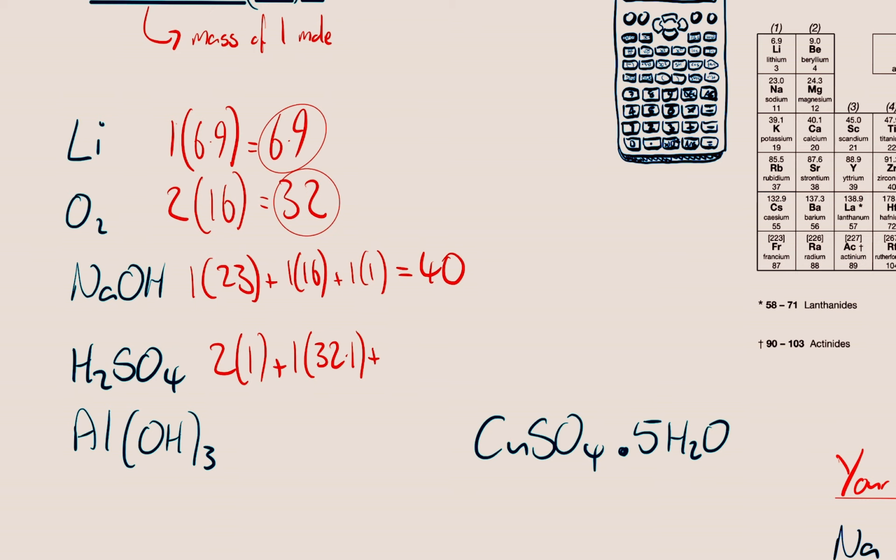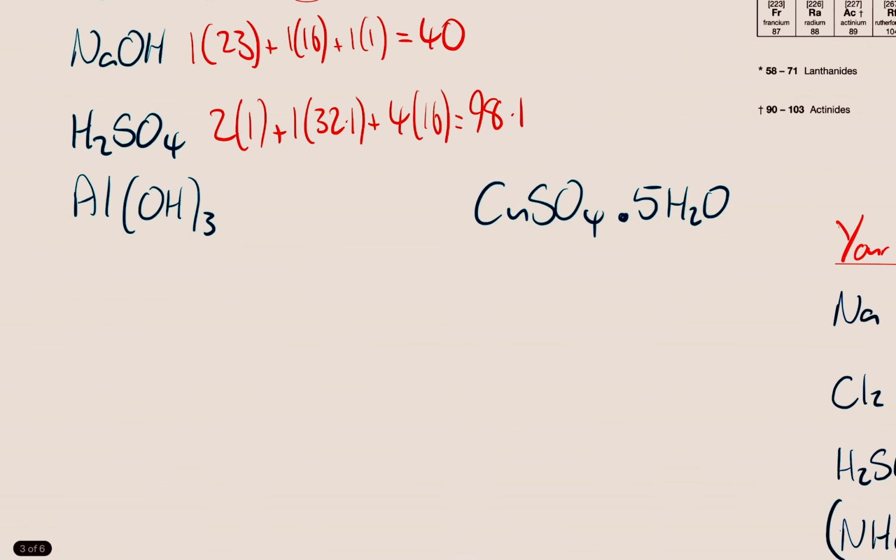Plus 4 lots of oxygen. We've already seen that, 4 lots of 16. And again, we put that all into our calculator and we get to 98.1.